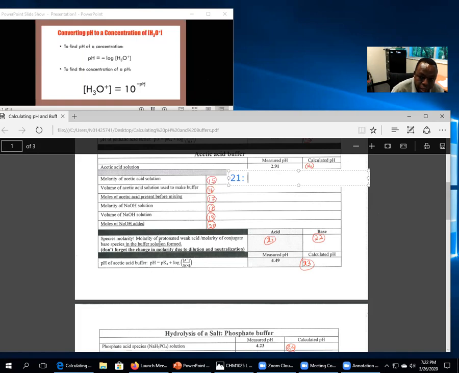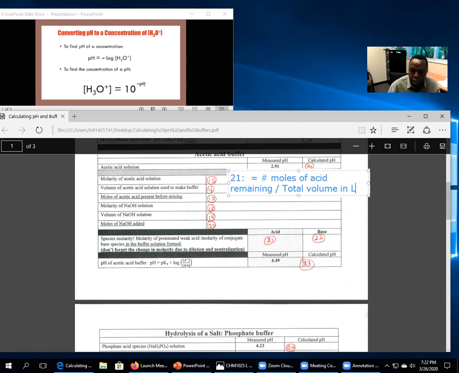In this case, you need to find the number of moles remaining. In this case, it is given by number of moles of acid remaining divided by total volume, volume in liters.